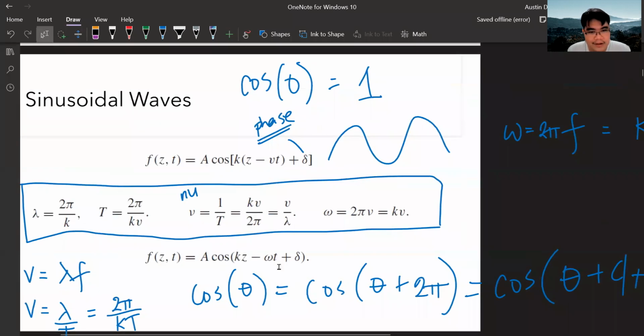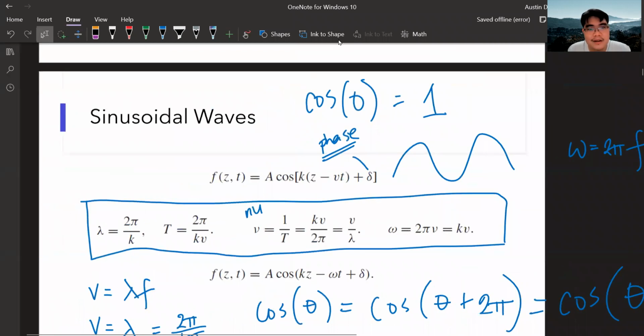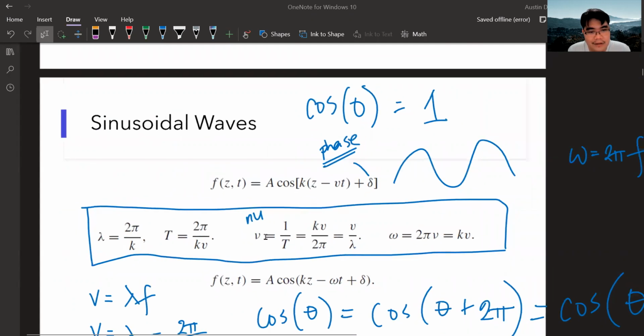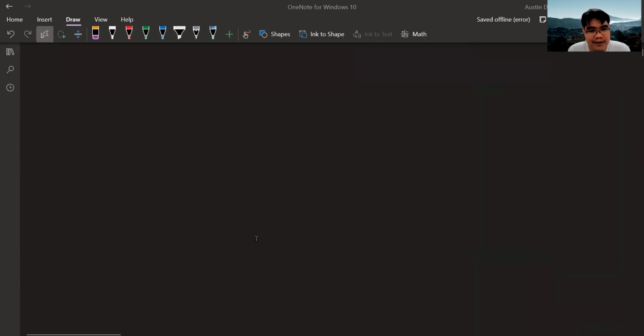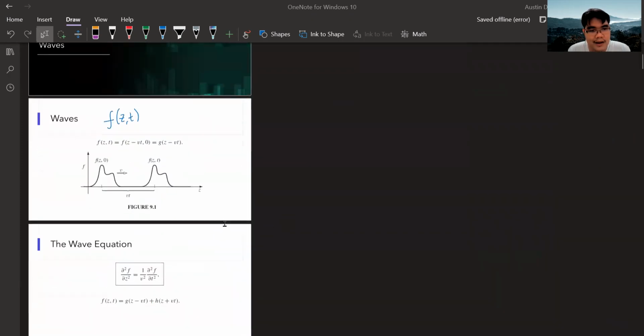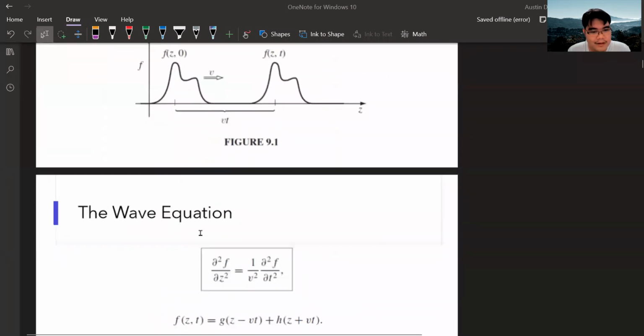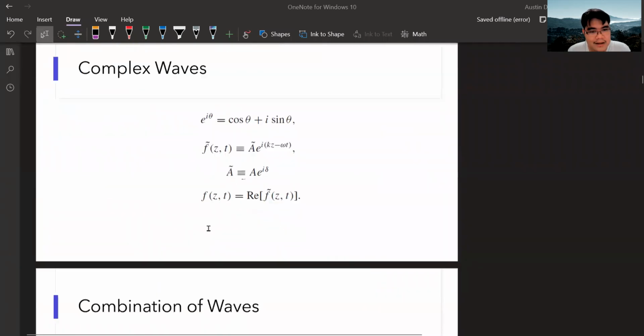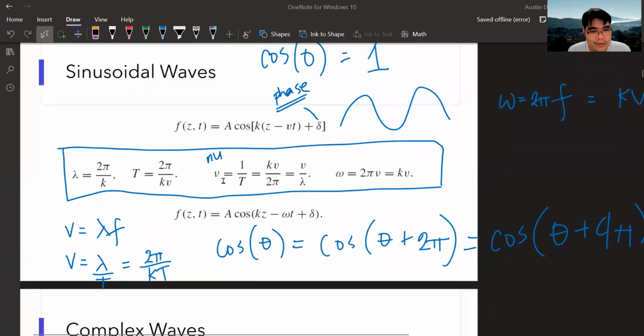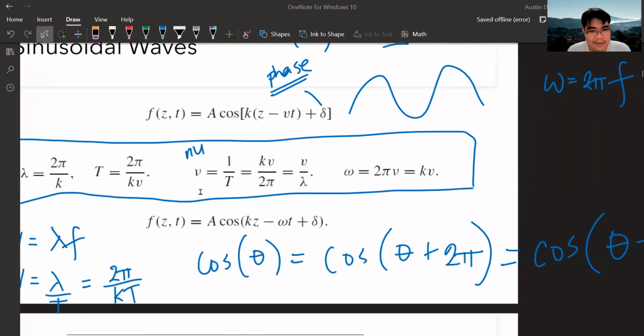Kaya, ulitin ko lang, yung matulis na letter v ay nu, which is yung frequency, pero ayokong gamitin yun.